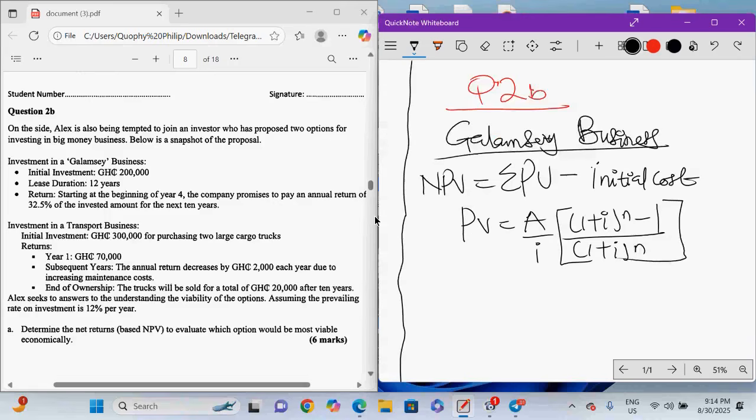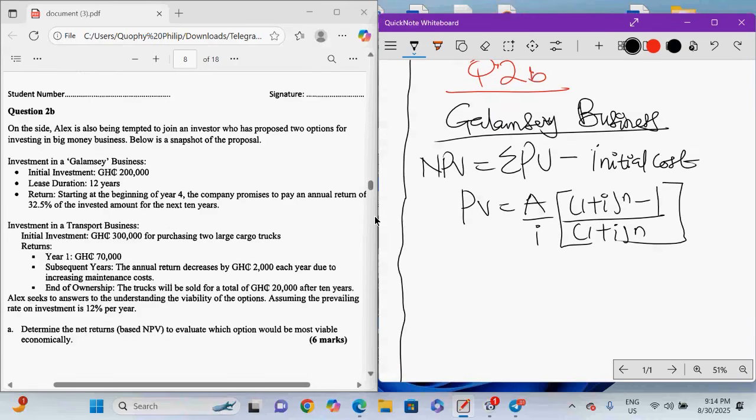Okay. So we have been given initial investment 200,000. Lease duration is 12 years, right? And then we are saying that the return starting at the beginning of year 4, the company promises to pay an annual return of 32.5% of the invested amount for the next 10 years.